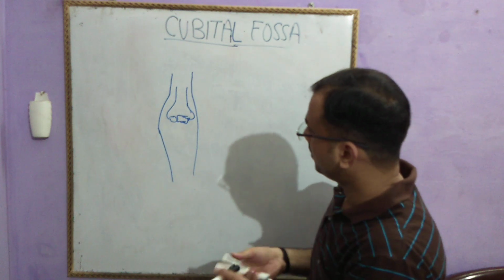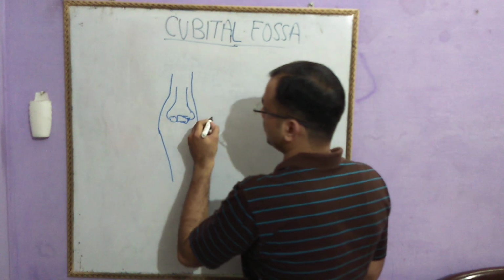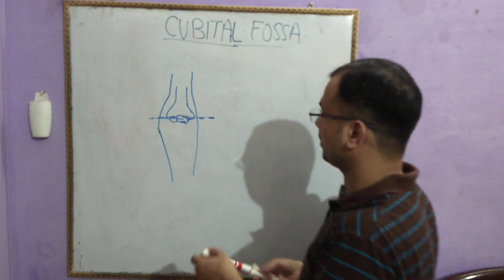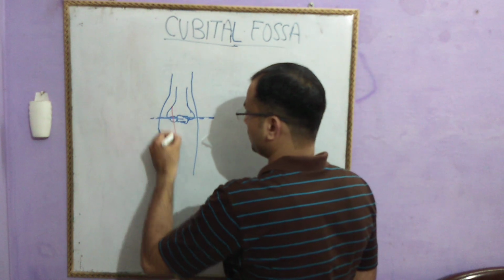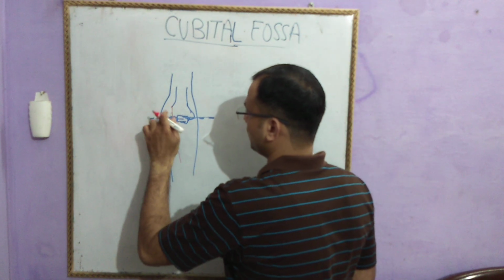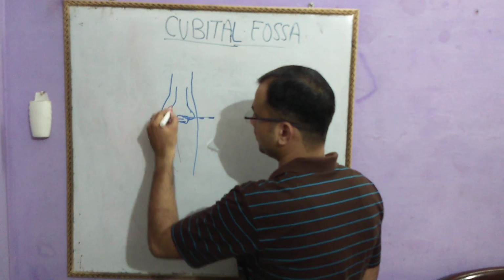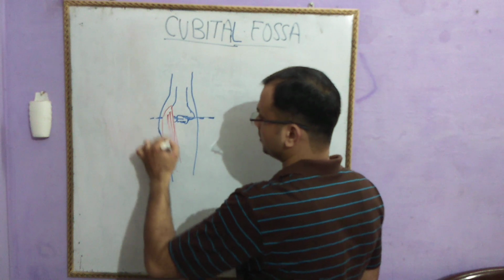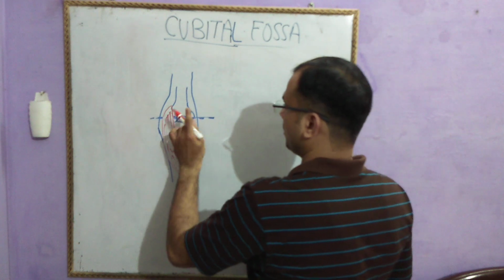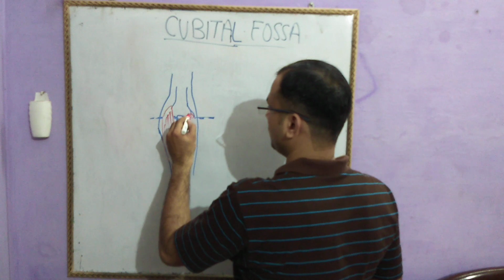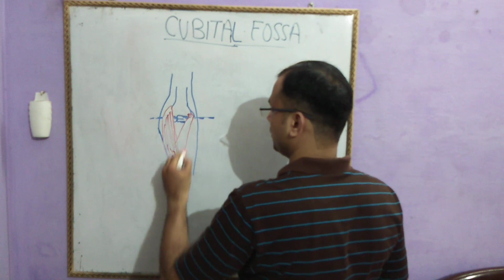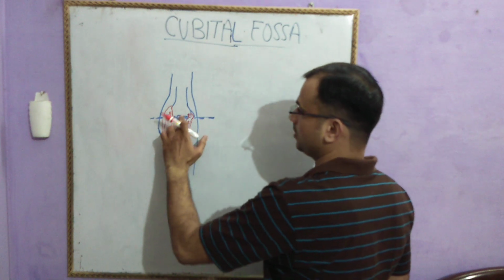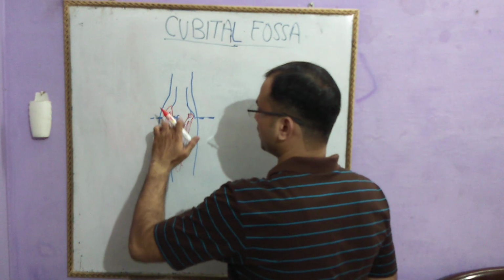Now this is the imaginary line drawn from the lateral to medial epicondyle. This is the brachioradialis muscle, and here is the origin of the pronator teres muscle. And this region is known as the cubital fossa.